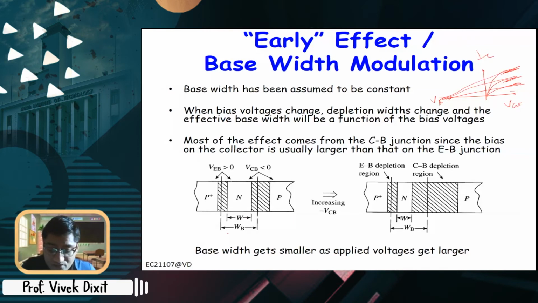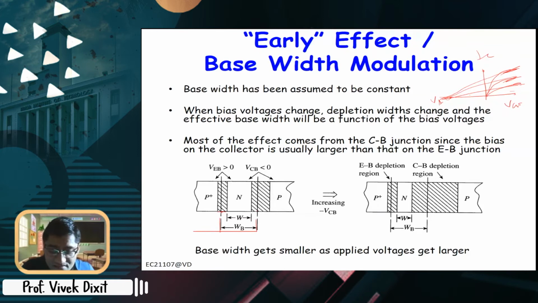We know that WB is the actual width of the base, from the metallurgical junction at emitter base to the collector base metallurgical junction. When they are biased, because base emitter is forward biased, this depletion width will be small, but it will be there.